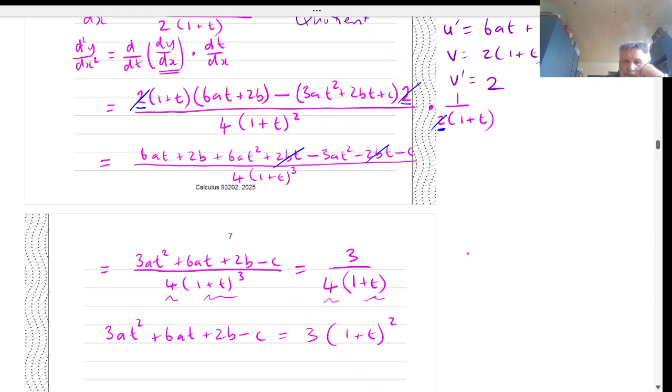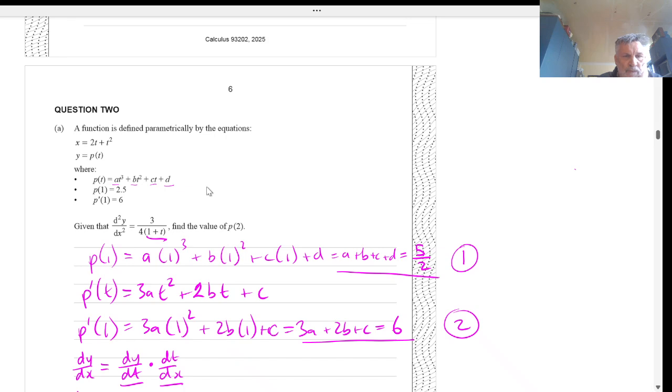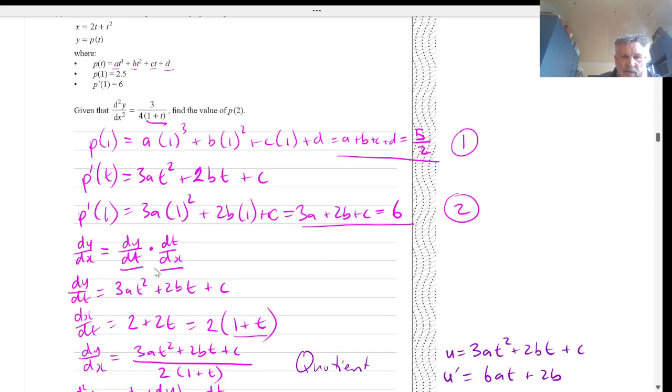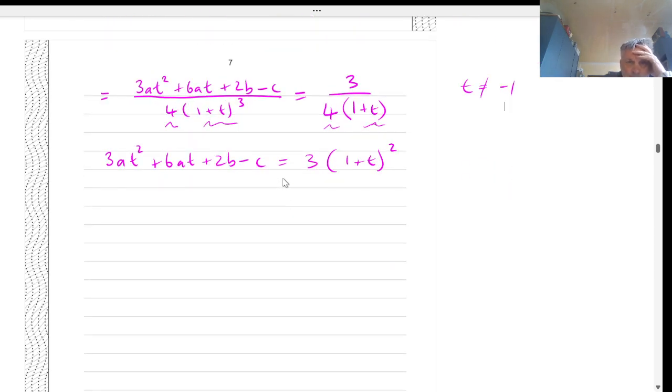I guess we need t not equal to -1, because then we'd be dividing by 0 through here. We get a problem taking the first derivative if we get t is equal to -1.